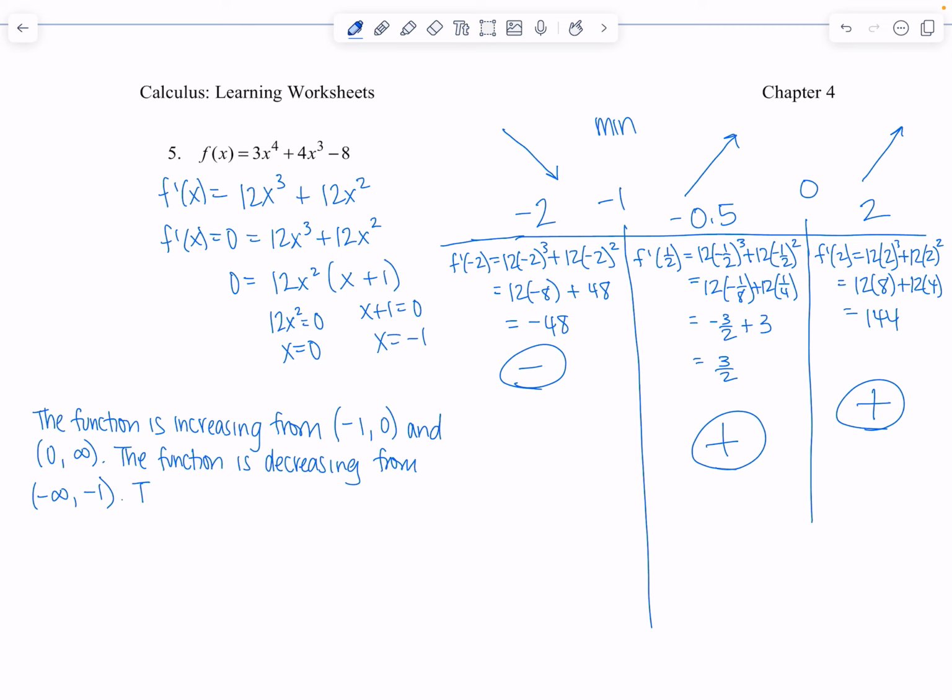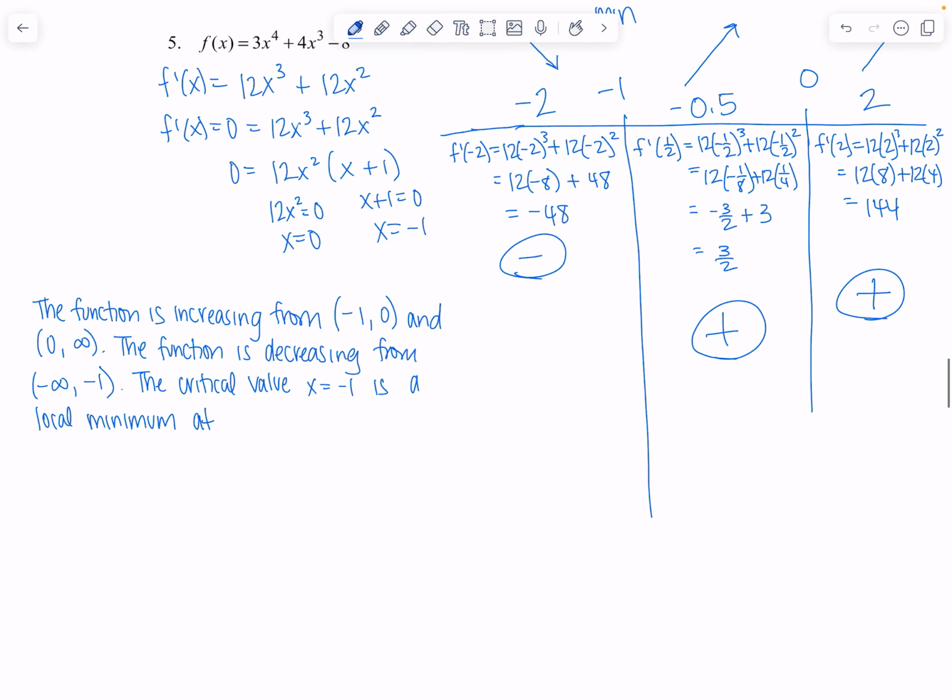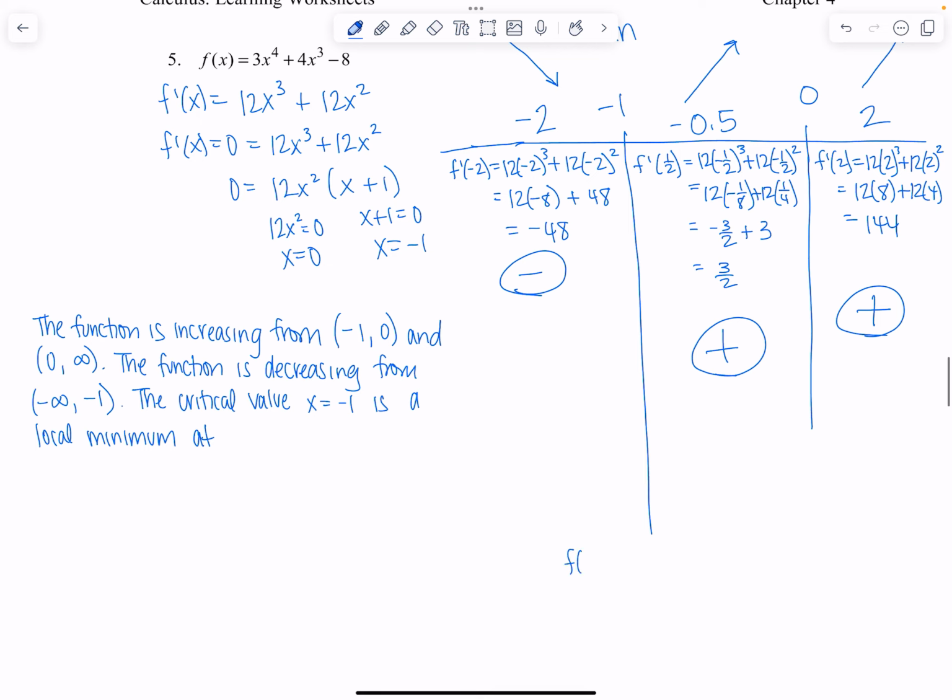So the critical value -1 is a local minimum, and we can find out f of -1, let's see. 3 times -1 to the 4th plus 4 times -1 to the 3rd minus 8.